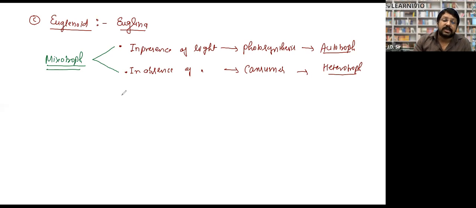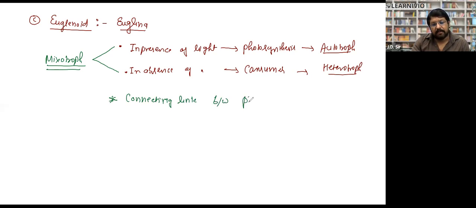So what is the status of Euglena? Euglena is called the connecting link between plant and animal.